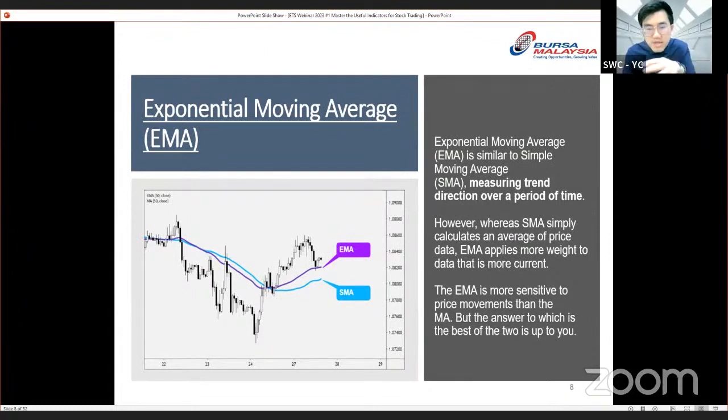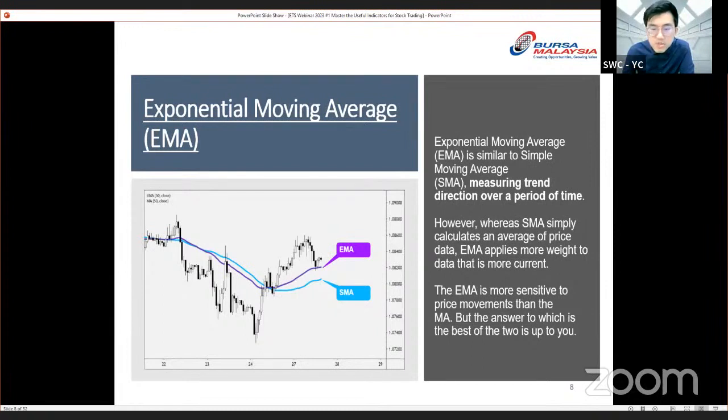The other one is the EMA. EMA gives more weightage to the more current data, so it is more sensitive to recent price movement. It reacts to it more sensitively.